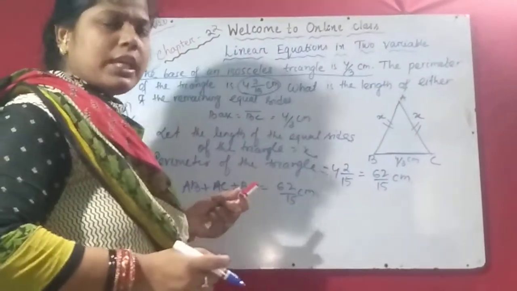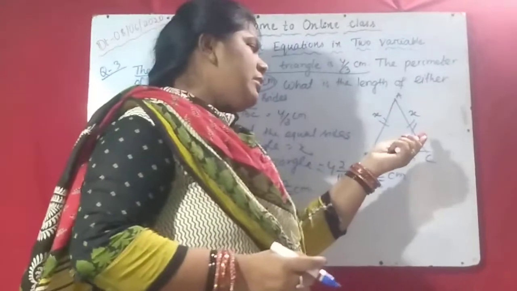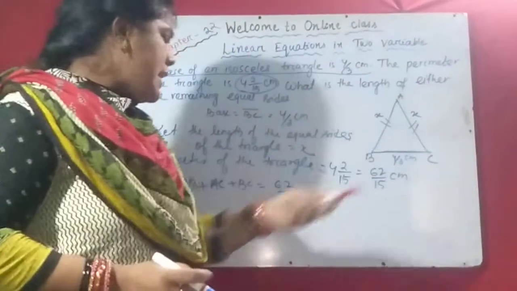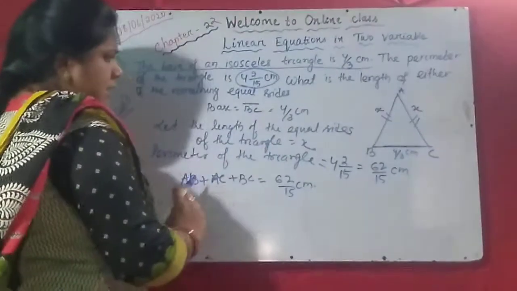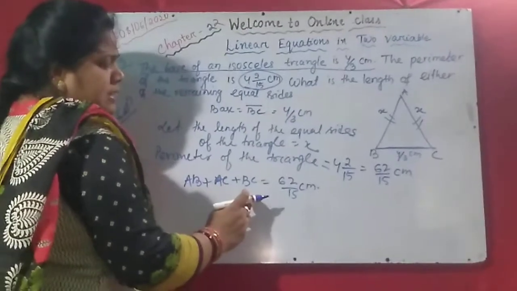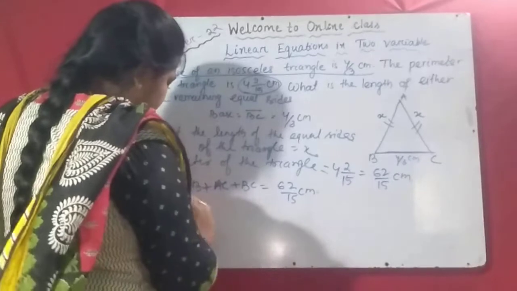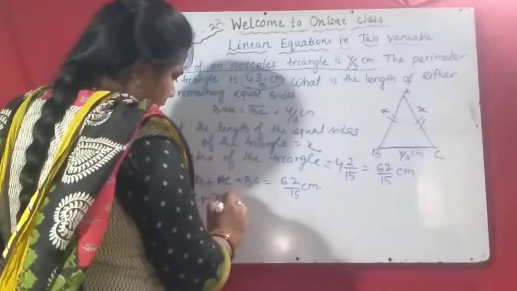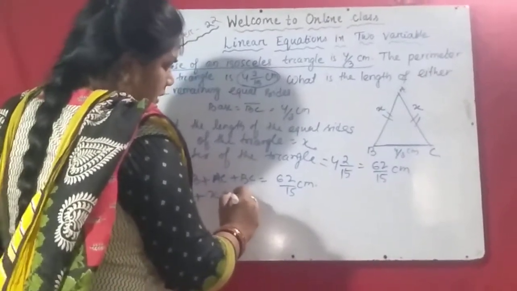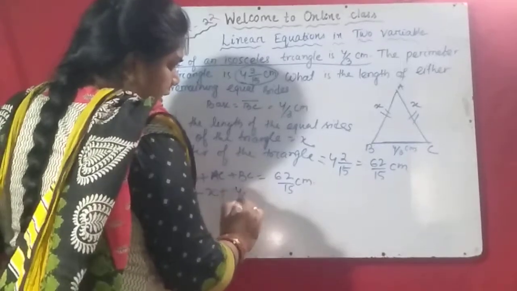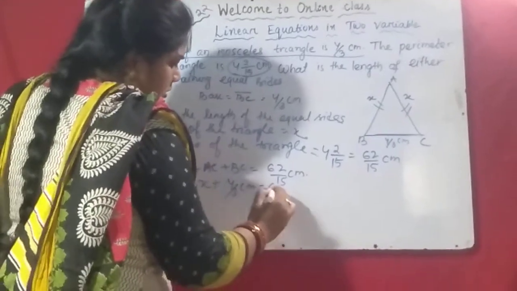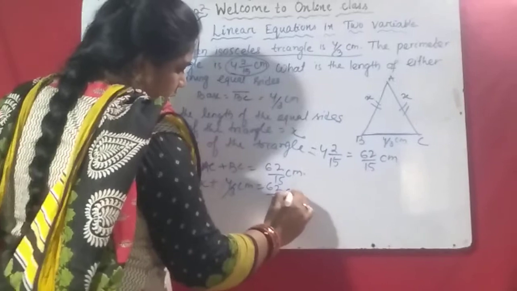You have to find the length of AB or AC. So AB equals x, plus AC equals x, plus BC, which is 4 by 3 cm, equals 62 by 15 cm.